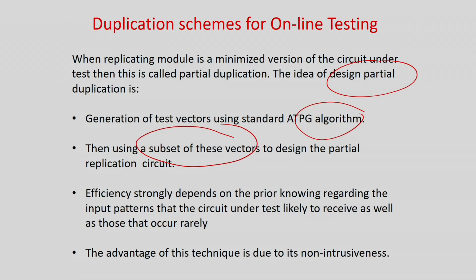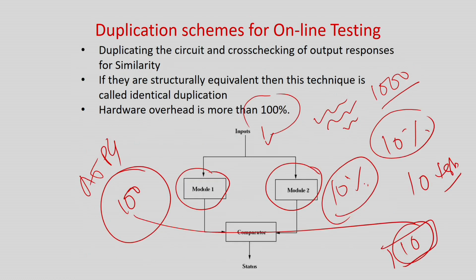But the efficiency strongly depends on prior knowledge regarding the input test patterns that the circuit is likely to receive, as well as those that occur rarely. These 10 may be very, very important test vectors. You design a circuit with these 10 test vectors, but these 10 test vectors never come in the circuit. If I were the test engineer and I had an ATE or a BEST, I would apply these 10 test patterns.